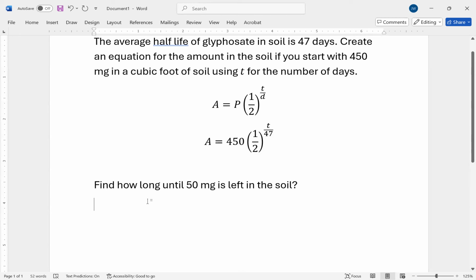Then it says how long until 50 milligrams is left in the soil. Well, that means 50 is equal to 450 times (1/2) raised to the T over 47.